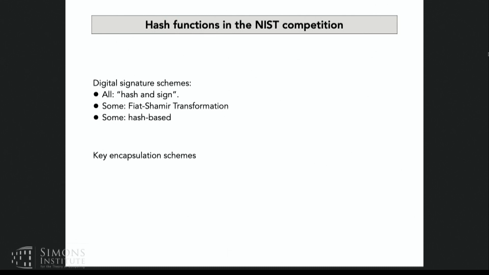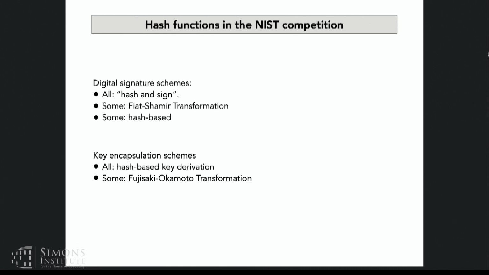Also, for key encapsulation, there are different degrees of involvement of a hash function in these schemes. So first of all, as far as I understand, all key encapsulation mechanisms use a hash-based key derivation function. So basically, the final key is hashed again to avert a certain class of attacks. I see.